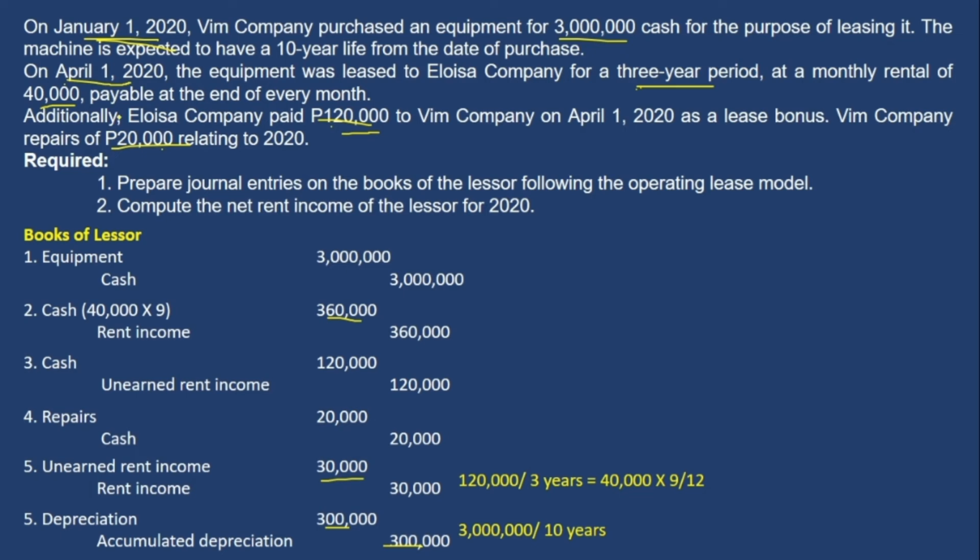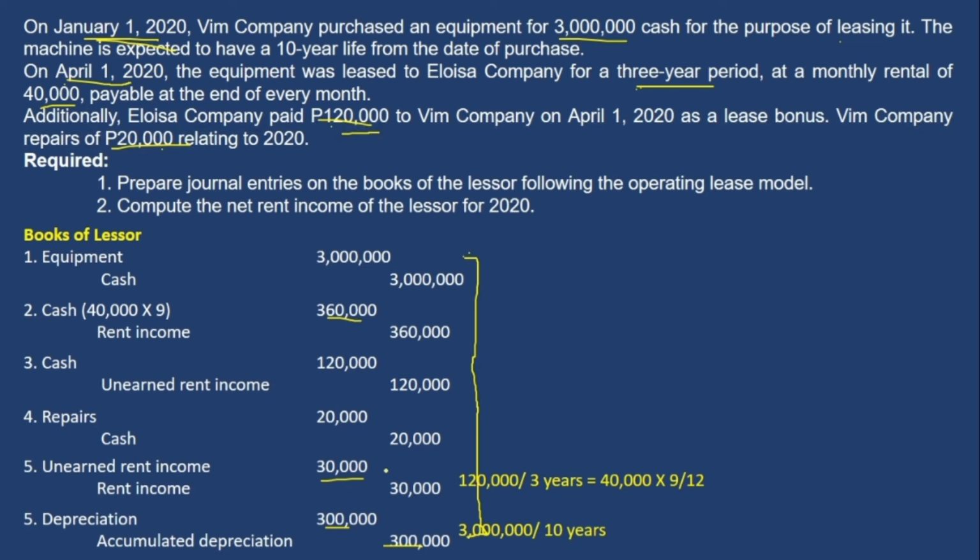The reason is that the equipment is acquired for leasing purposes and is already available for its intended use, meaning for rental from January 1, 2020. Idle property is subject to depreciation as long as it is available for the intended use. So, these are the entries for Vim Company.